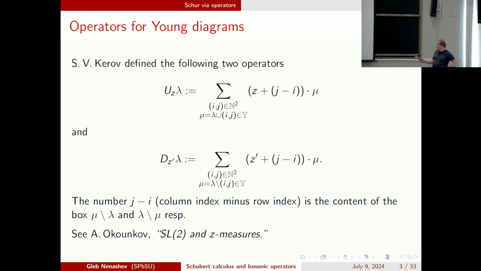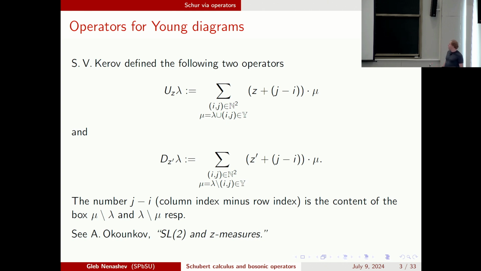One is increasing, where we add one box to a Young diagram with some coefficient, and we take this diagram with this coefficient, and the operator down, where we delete one box, again with some coefficients.